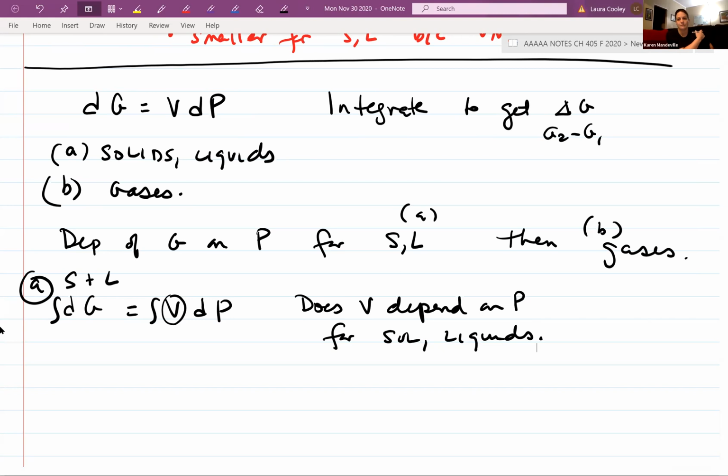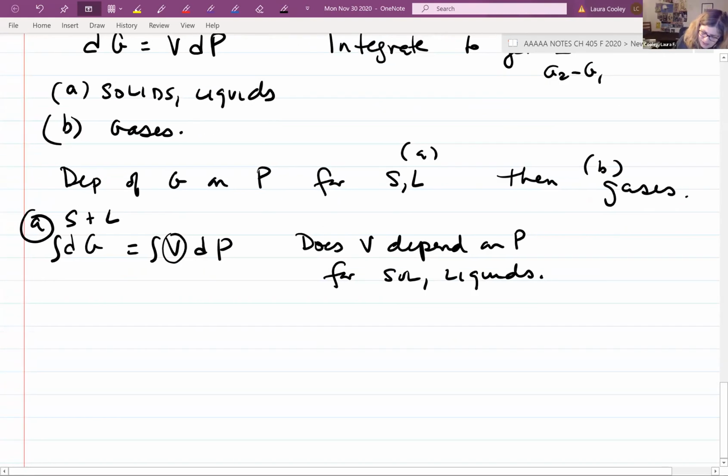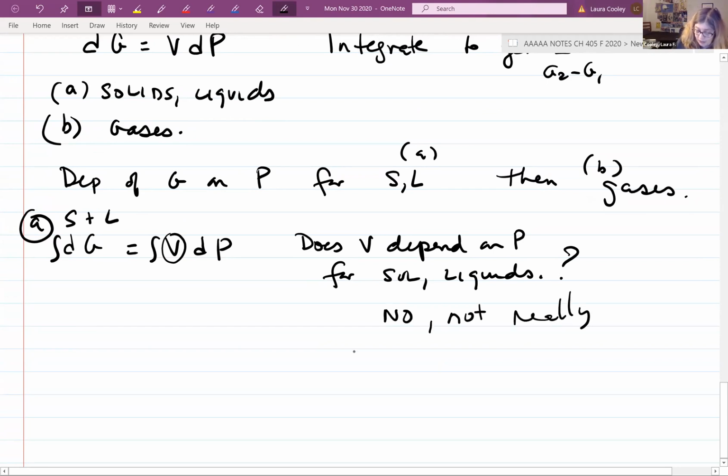Wow. Well, anyway, so does volume depend on pressure for solids and liquids? The answer to that is no, not really. And the reason for that is because liquids are virtually incompressible and solids really incompressible.